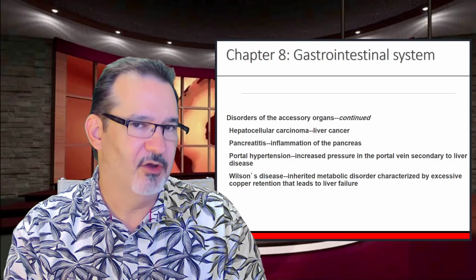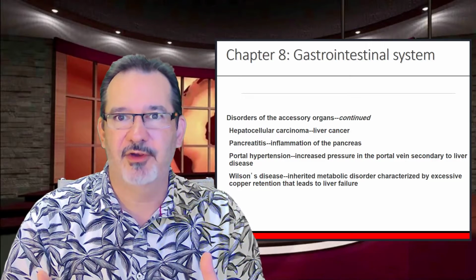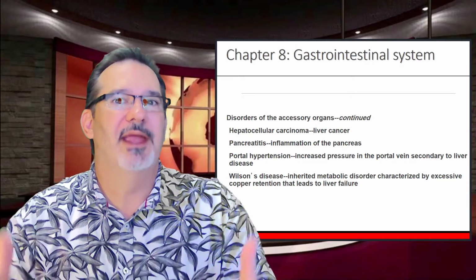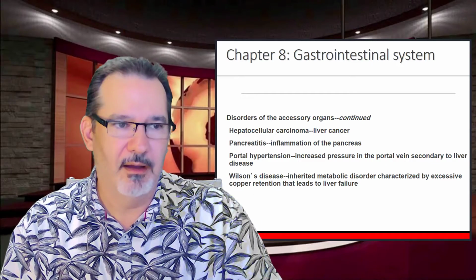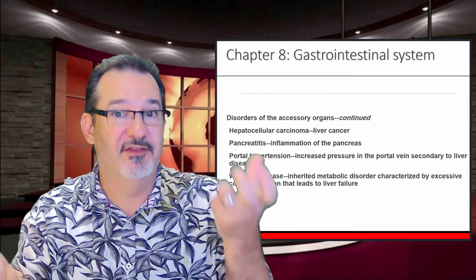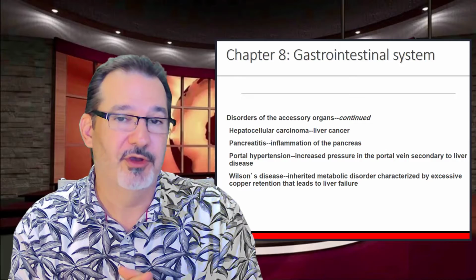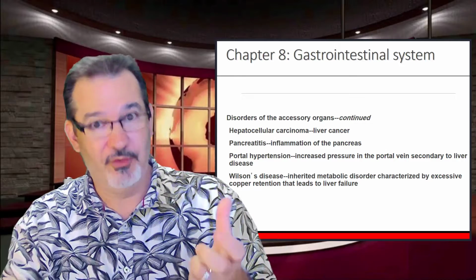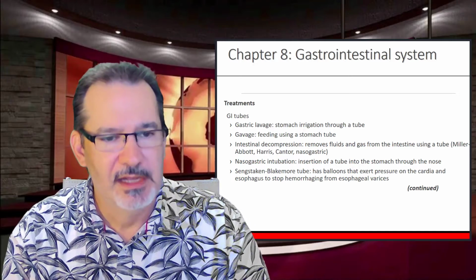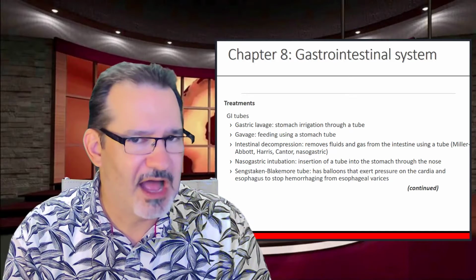Most people that have been diagnosed with pancreatitis have chronic pancreatitis, so they always have it, but there are things that can really make it go crazy, and that would be acute pancreatitis. So this is one of those instances where you can have a chronic condition, but also have acute flare-ups of that condition.